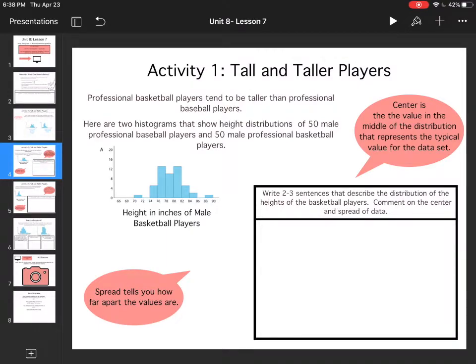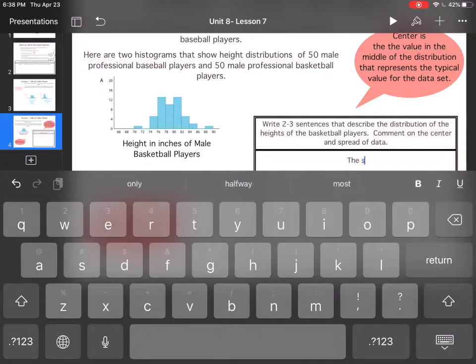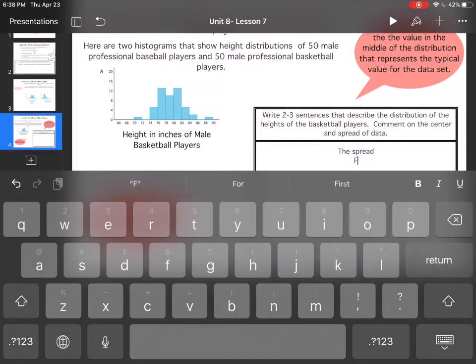So I'm just going to type it. The spread of the data is the distance between the 2 ends. So it's about 20 inches because you're going from a little less than 90 to 70. The spread of the data is approximately 20 inches between the players.